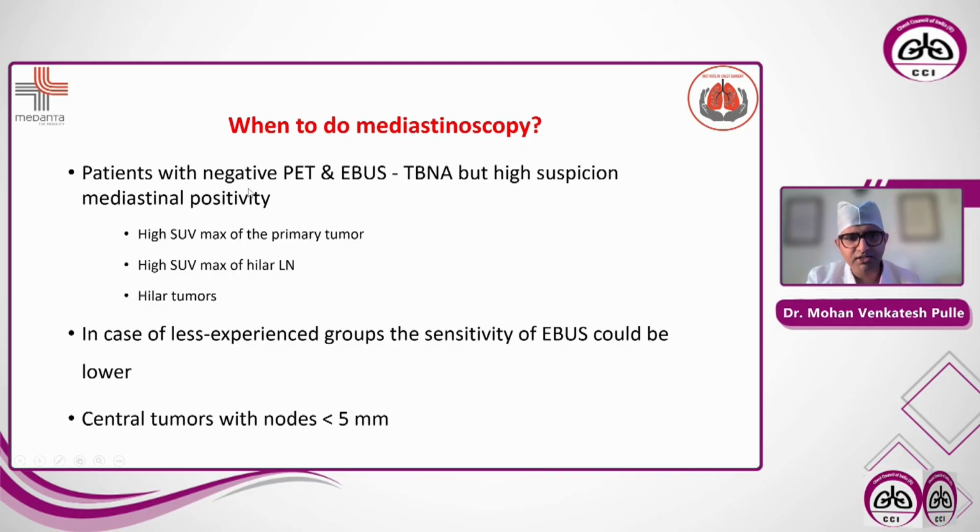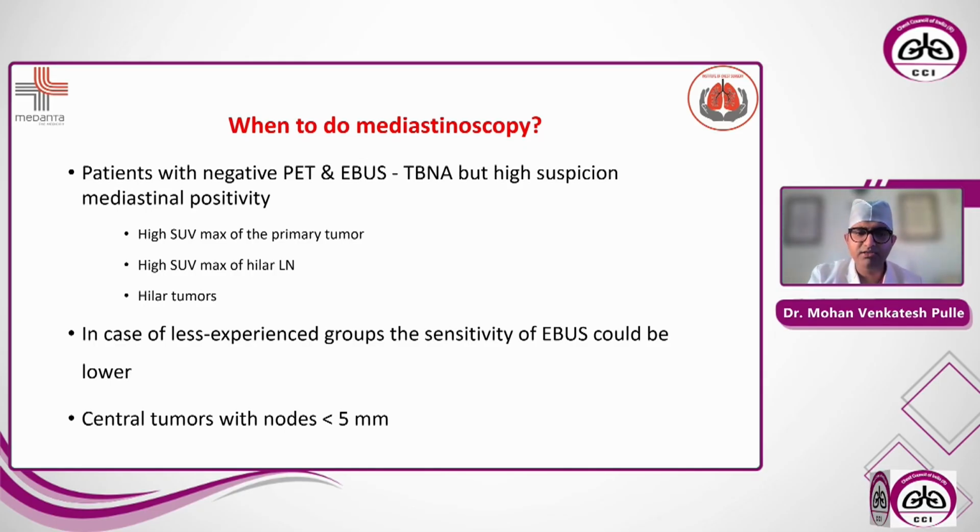Number one, a patient with a negative PET scan and negative EBUS TBNA, but there is a high suspicion of mediastinal positivity, like in situations where there is a high SUV max of the primary tumor, the primary tumor is highly avid, and high SUV of the hilar lymph nodes, where the N1 disease is positive and you have to prove whether N2 is positive or not, but the EBUS came negative. So these are the situations where surgical mediastinoscopy is better than EBUS TBNA.